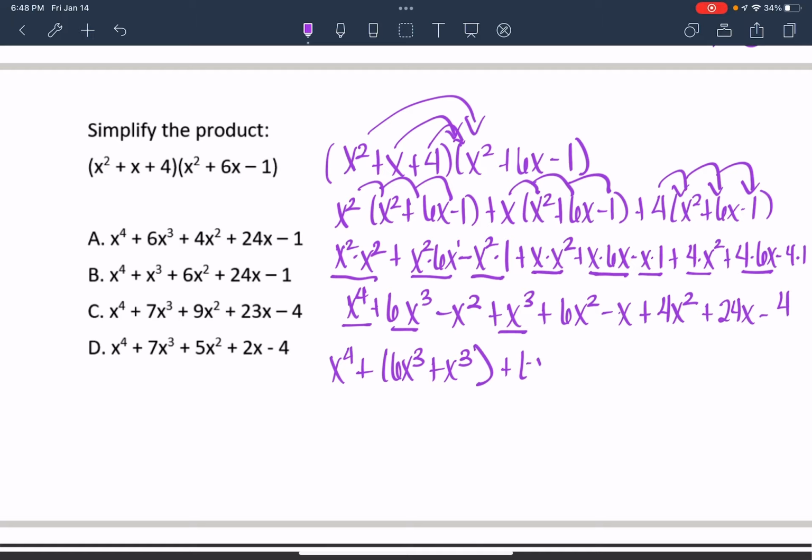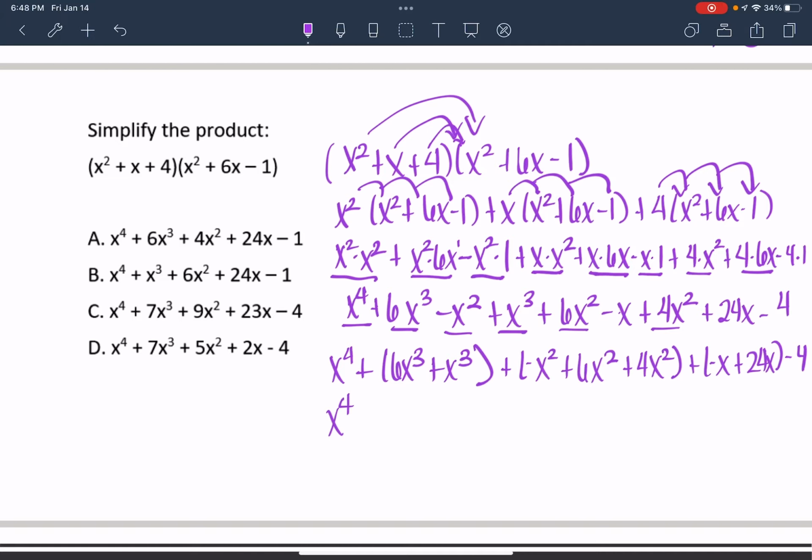Then I have minus x squared plus 6x squared and plus 4x squared. And then I have minus x and plus 24x, and finally I have minus 4.